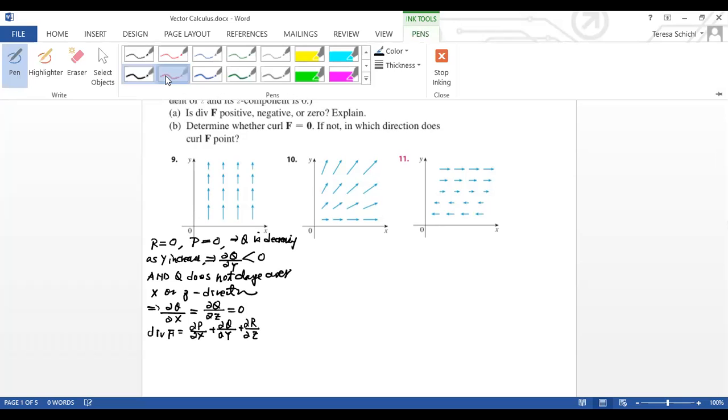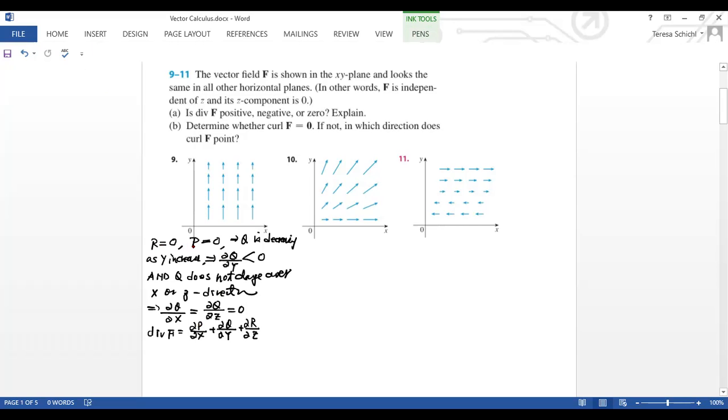Now we know the partial of P with respect to x and the partial of R with respect to z are both equal to 0. And we just discussed that the partial of Q with respect to y, meaning the Q value when you increase y, is less than 0. So this is negative, so the divergence is negative. It's not a divergence, in fact it's a convergence here. Okay, now let's take a look at the curl of F.